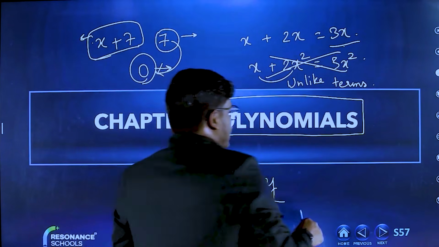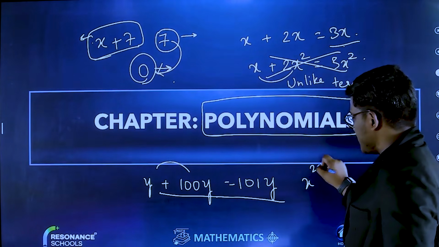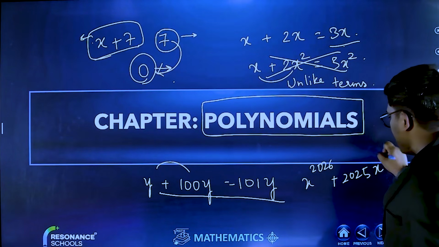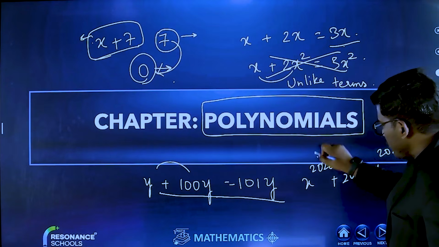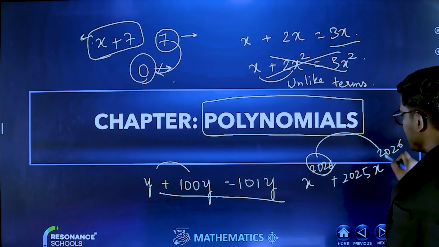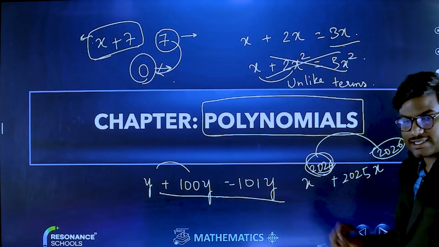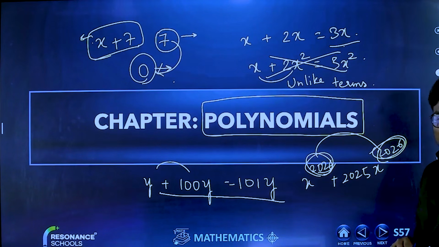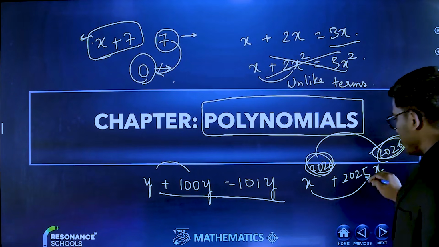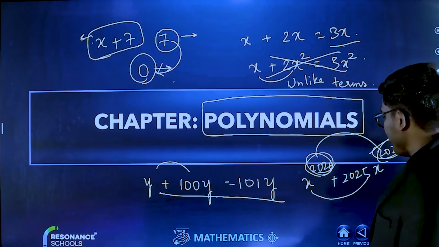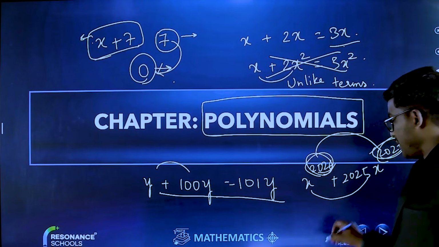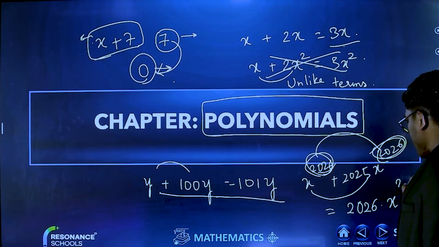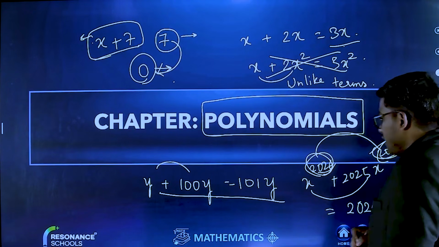If you have x power 2026 plus 2025 x power 2026, both of these are like terms because the degree of the exponent of x is 2026 here. Here also the exponent of x is 2026. So x power 2026 plus 2025 x power 2026 will be 2026 into x power 2026, right?